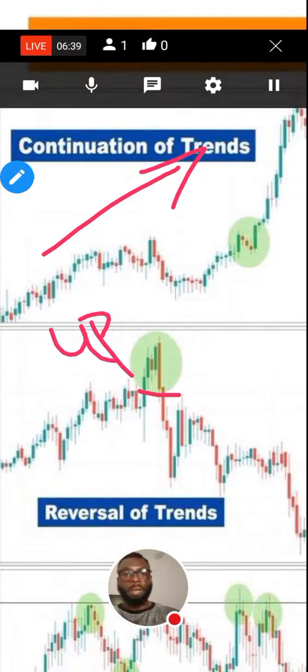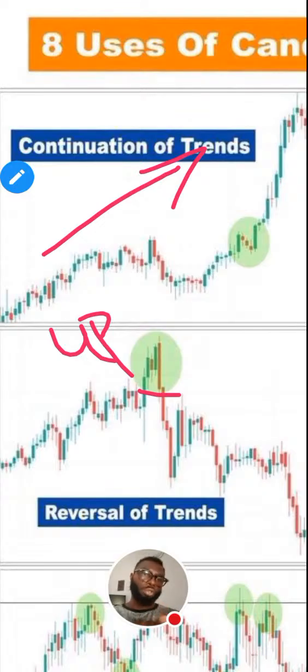Talking about structures now. Look at this here. Once you have an uptrend, the market forms the structure of making higher lows and higher highs. This is the simple structure for an uptrend. Once you can identify higher lows and higher highs, then boom, that is you confirming this is an uptrend.